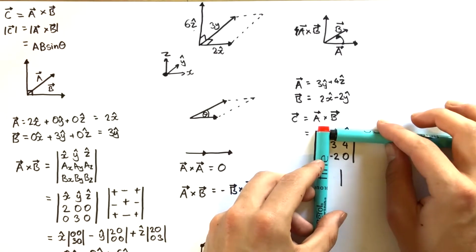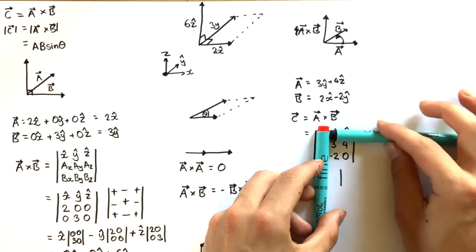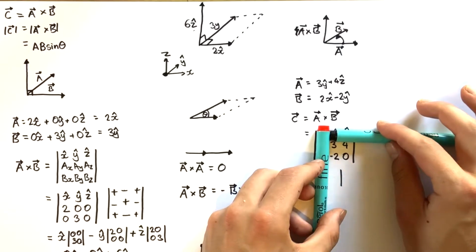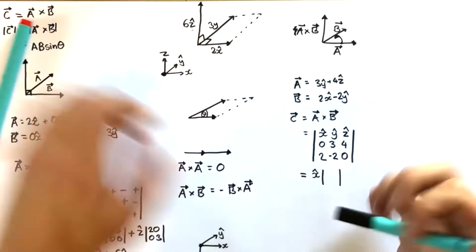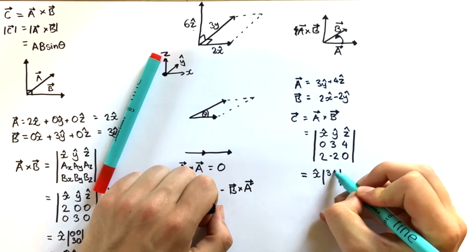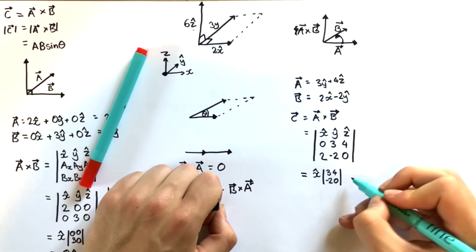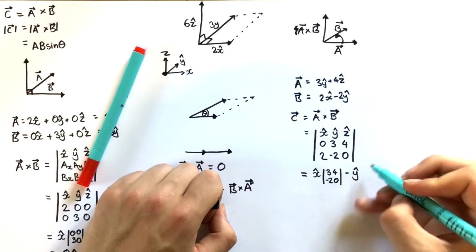Basically, I think it's helpful to use a pen to hide them, and then you can clearly see what you're doing. So 3, 4, minus 2, 0. That's our first mini determinant. Minus y hat.